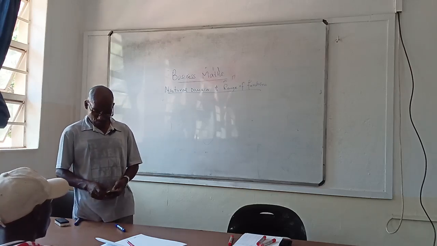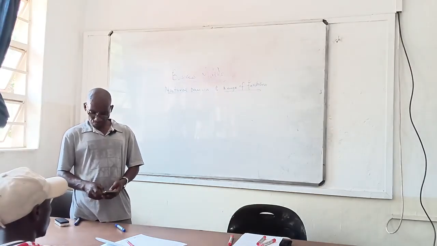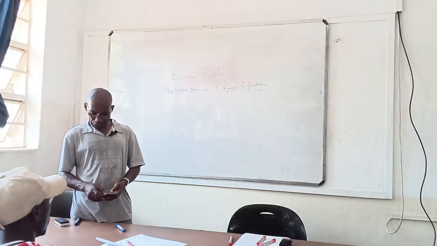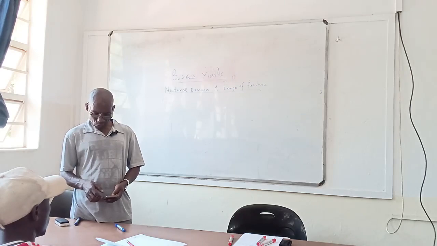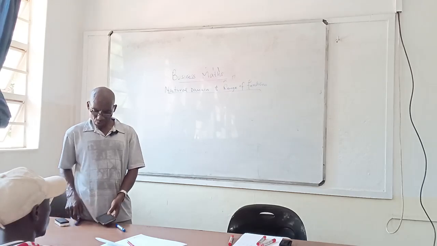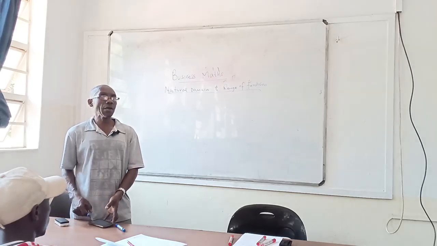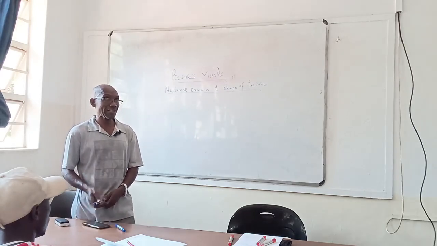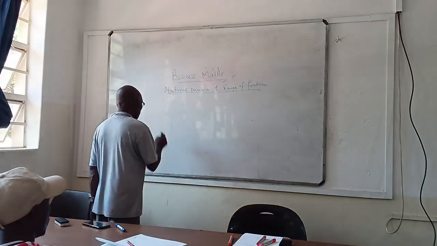Let's look at an example here. Function f of x, which is x squared. I think I have already given you that. Here we can give any input values. So f of x equals x squared.